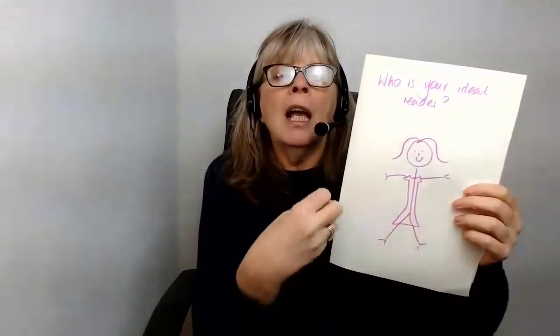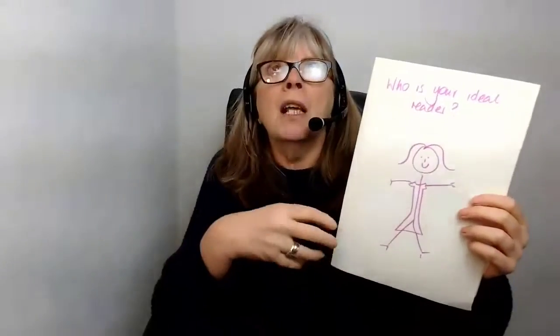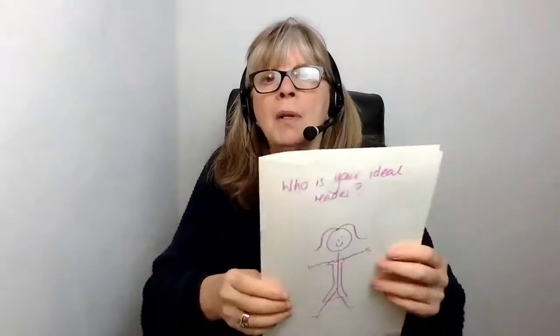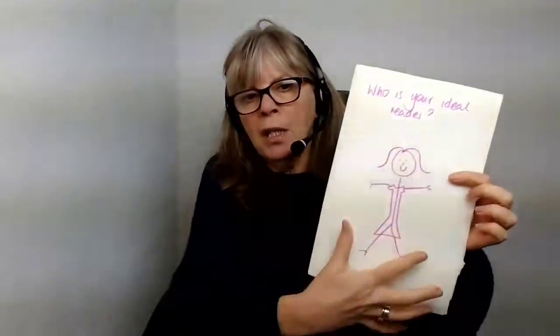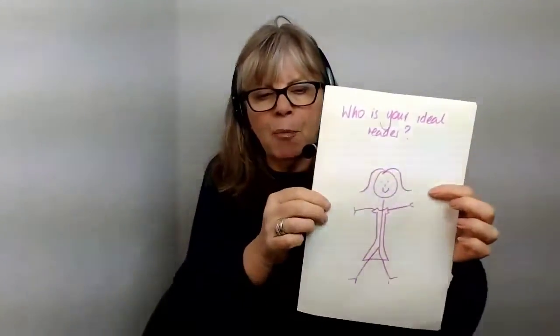So they might be male or female, they might live in certain countries, they might be English speaking, they may have particular job titles, they may drive certain cars. I mean, I don't know your business, I don't know what your book is. So just brainstorm on your sheet of paper some bits and pieces to see what comes up for you in terms of your initial idea about what your ideal reader is.